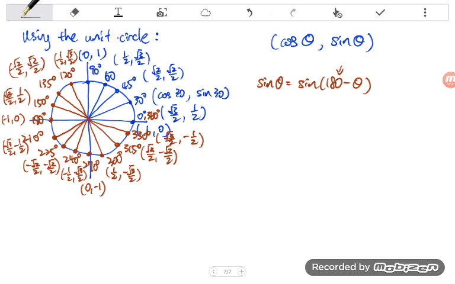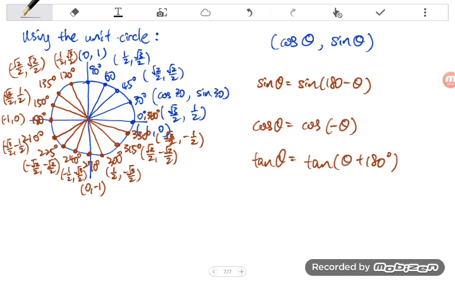We already talked about this in the previous videos, so I will not spend more time on that. The next one, cosine theta is equal to cosine of negative theta. And the last one is tangent theta is equal to tangent of theta plus 180. We are talking about degrees here.